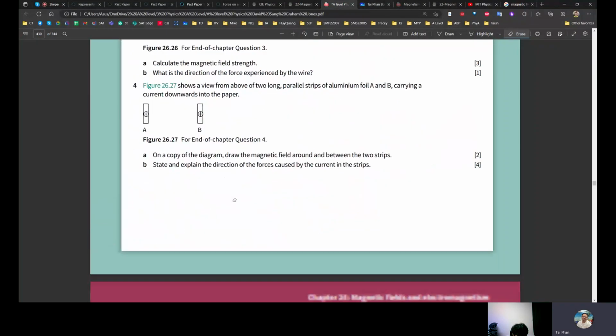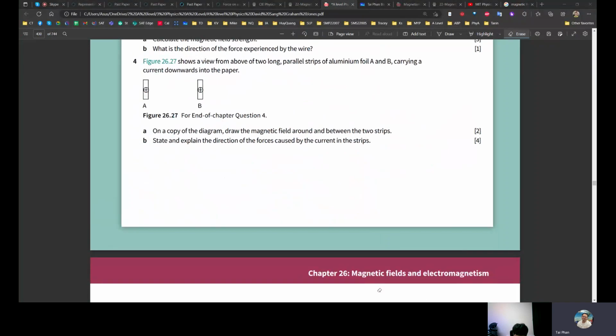Now moving on to question 4 and 5 and others. Question 4 here.